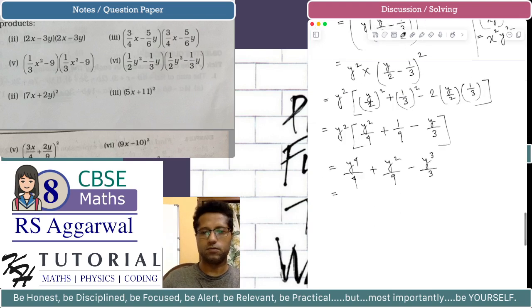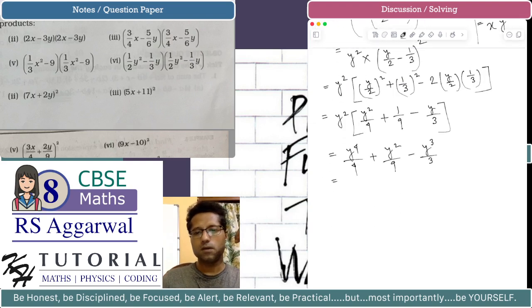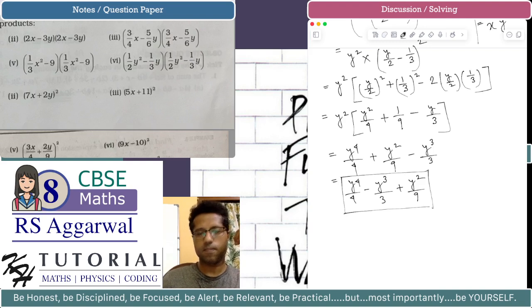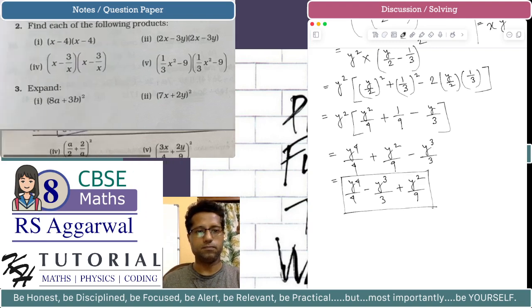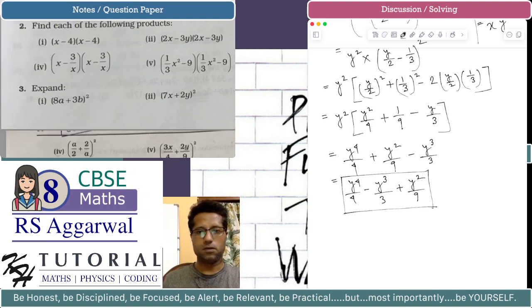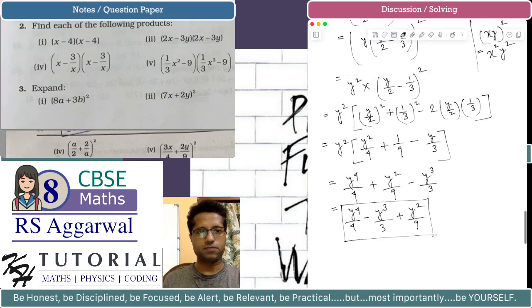This is equal to y to the power 4 by 4 minus y cube by 3 plus y square by 9. Okay. Now we have finished problem number 2.